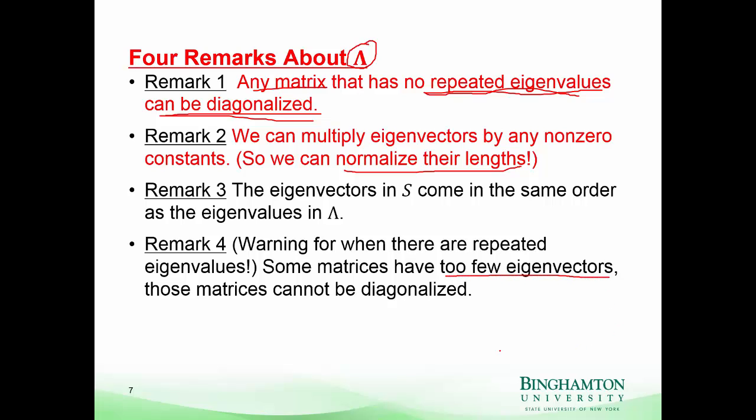We don't have enough to do what we want, and it's those that we have a problem with to be diagonalized. So if you remember in that eigshow example, we had the case where as we dragged x around, we didn't get an ellipse. We got something that was a line. That illustrates a case where we could not diagonalize that result.